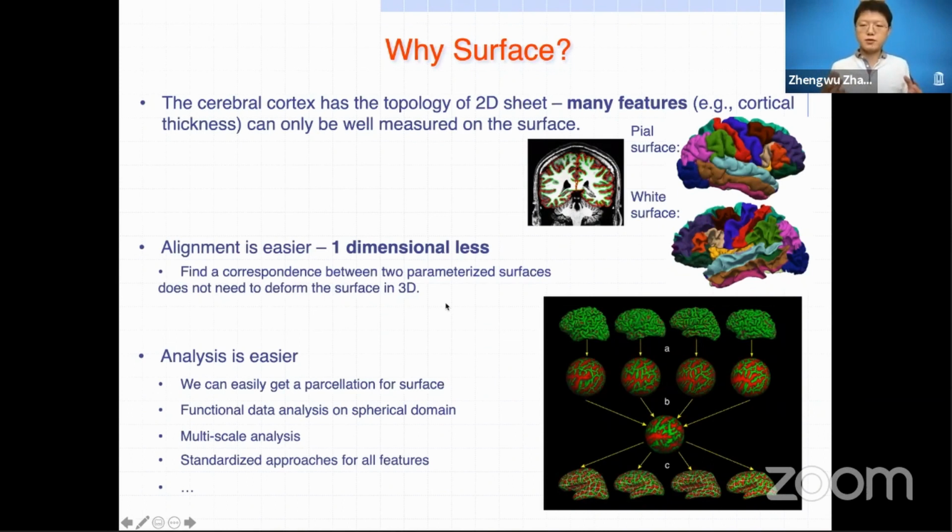Basically, you just derive some diffeomorphisms of the spheres and apply them to the surface. The grid on the surface changes, but the shape does not change, which to me is very natural, but this cannot be done in 3D. In 3D, if you want to do the alignment, you have to deform the actual shape of the brain.